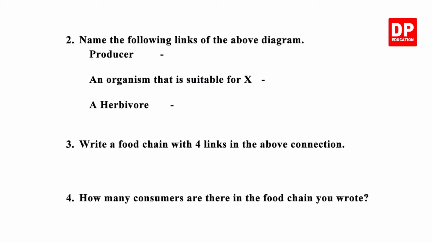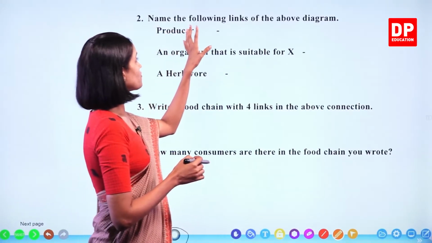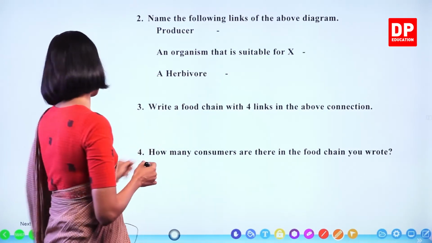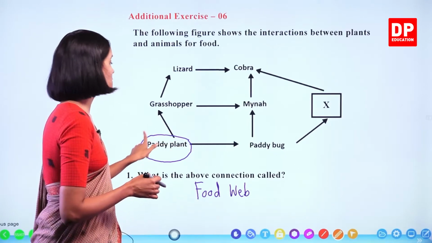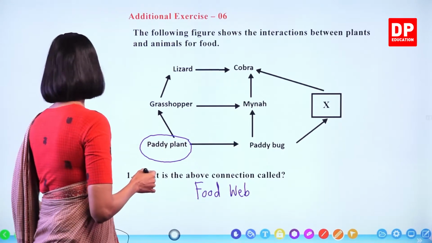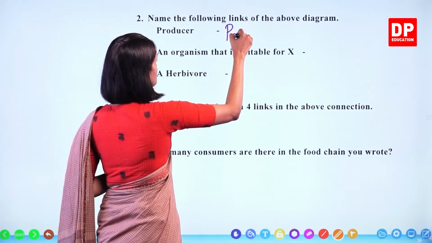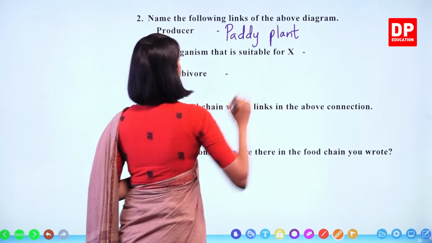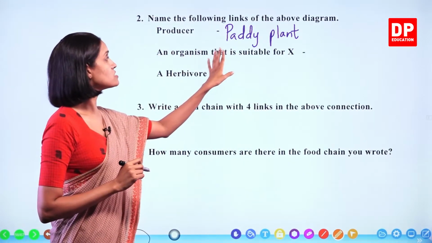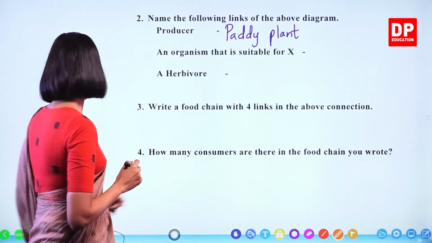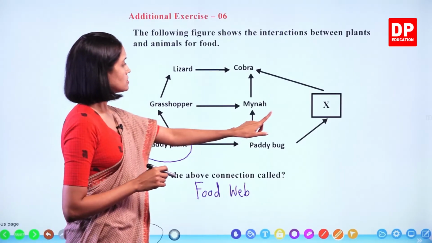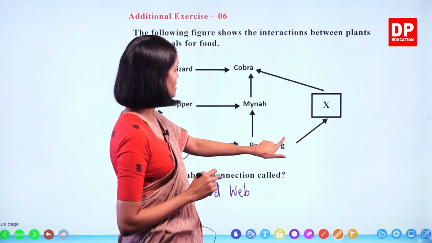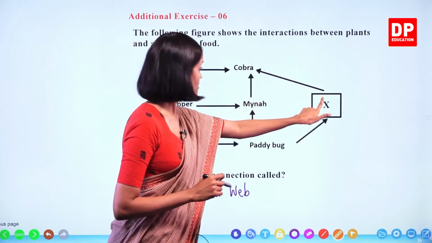Right. Next one. Name the following links of the above diagram. Producer. Now producer is always the green plant. Now what is the green plant here? Paddy plant. Okay. An organism that is suitable for X. We'll consider this is X. X has to be someone who feeds on paddy bug, and cobra should feed on X as well.